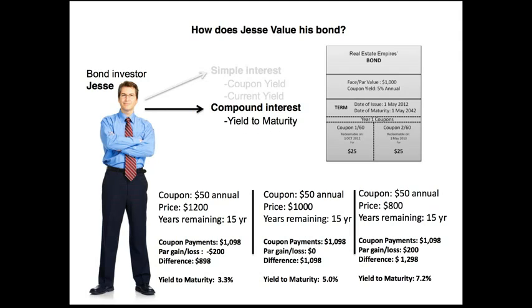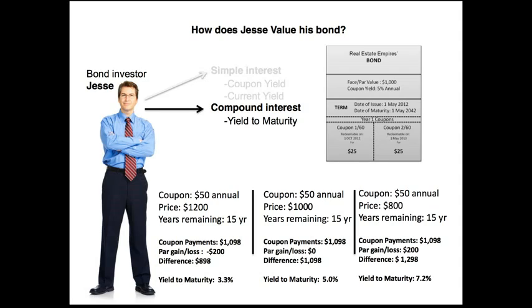So under the compound interest, let's look at the yield to maturity. As we talked earlier, when we were talking about the current yield, we weren't accounting for the difference between what somebody would pay for a bond and what the bond would be redeemed for when it reaches its term, and the face value is paid back to the investor.